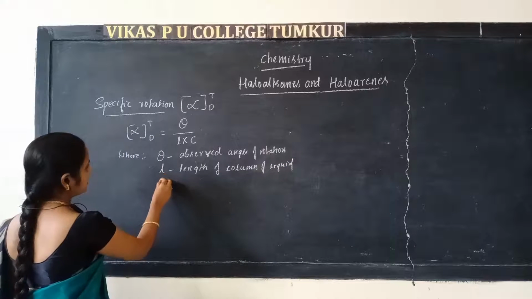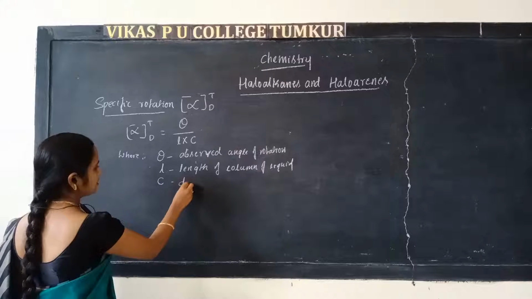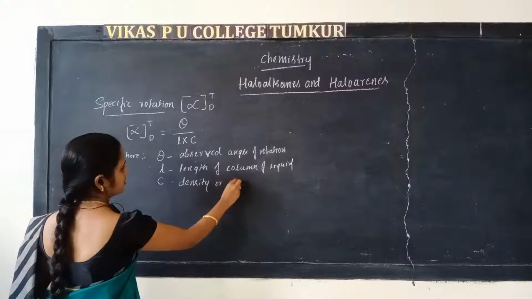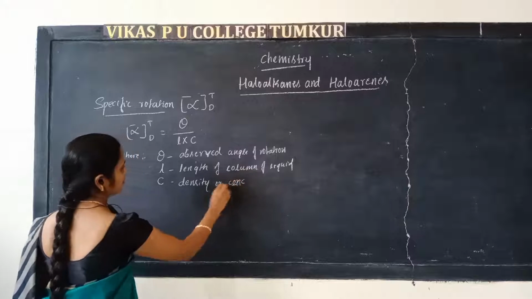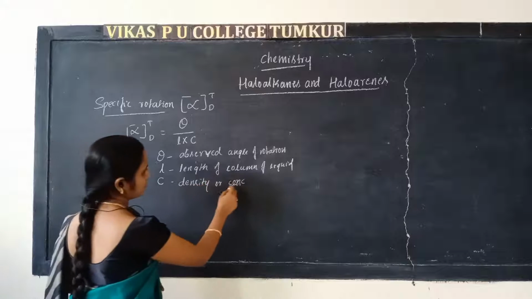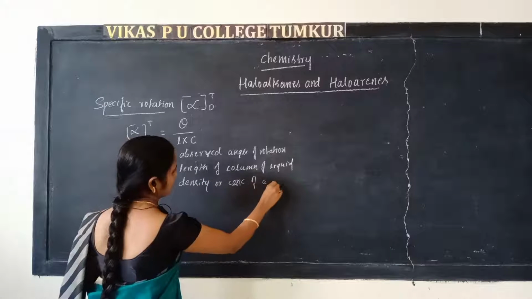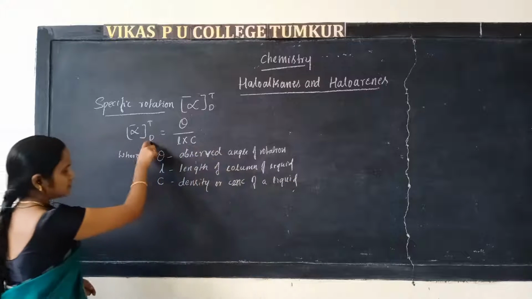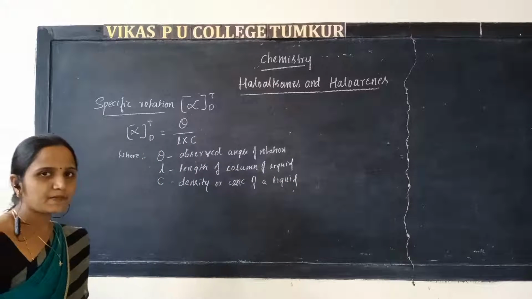C is the density or concentration of the liquid. This is the formula used to find the specific rotation.